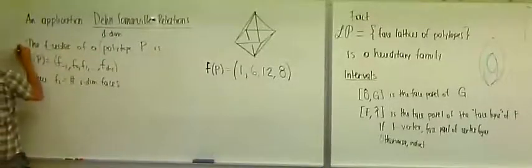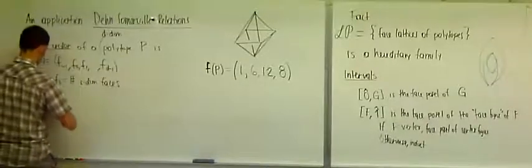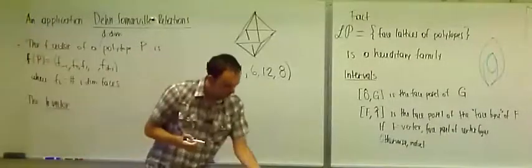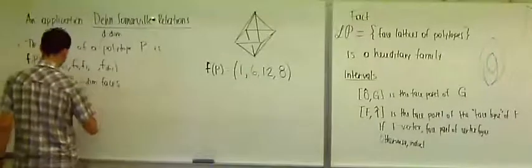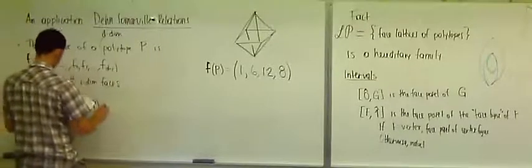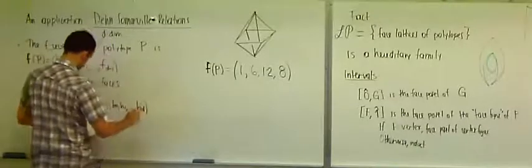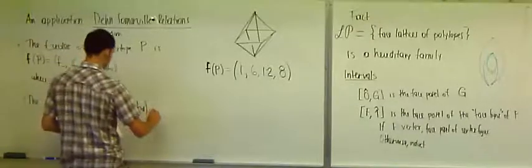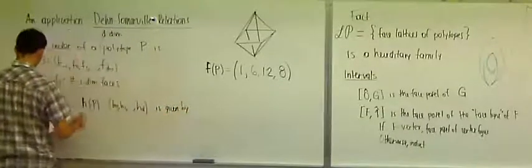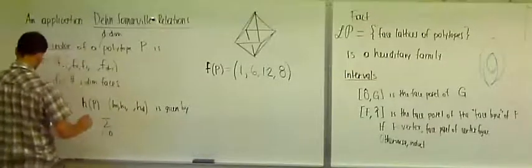Okay, so now there's another way of encoding this information, which is what is called the h-vector. The h-vector, h0, h1, up to hd, is given by the following equation.